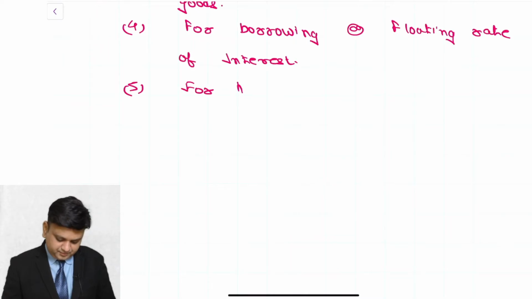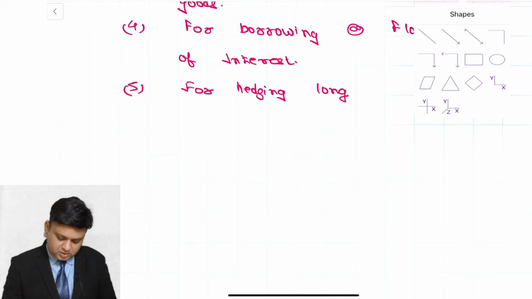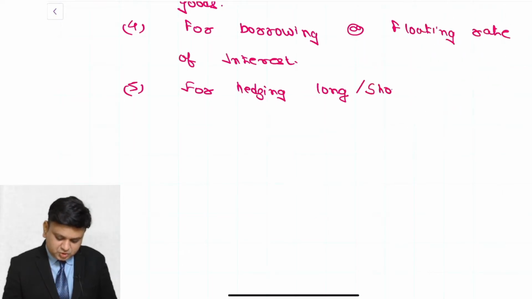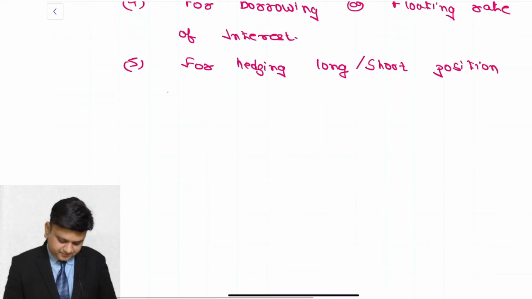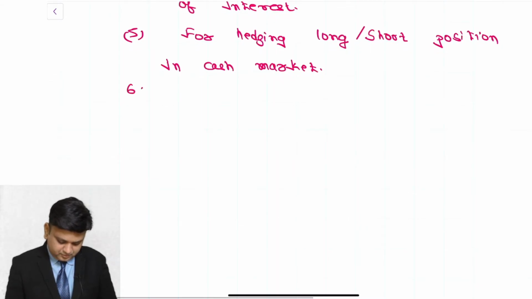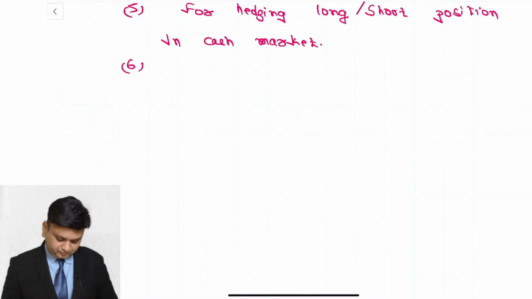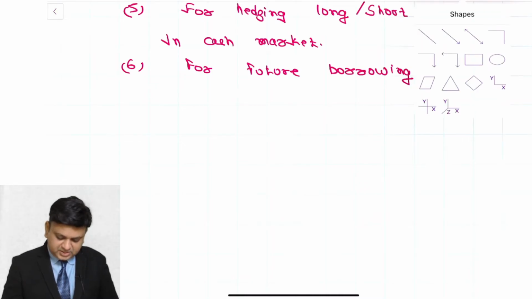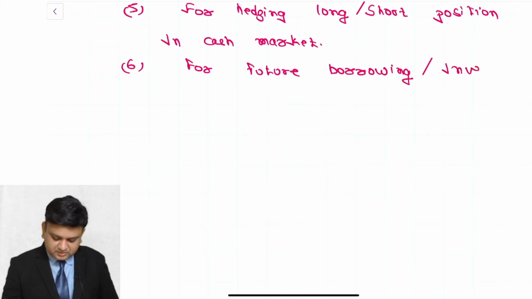Fifth, for hedging long/short position in cash market. Sixth, for future borrowing/investment.